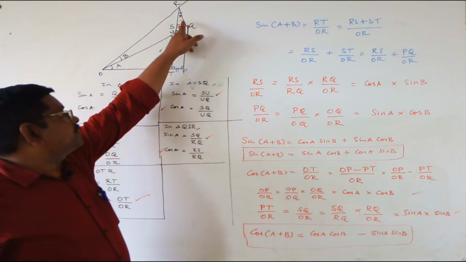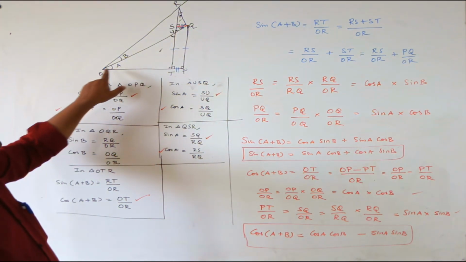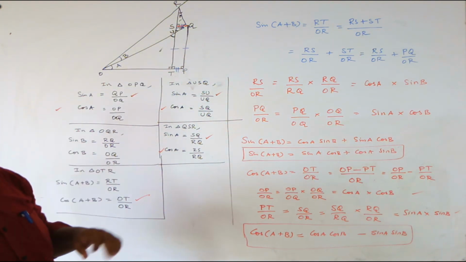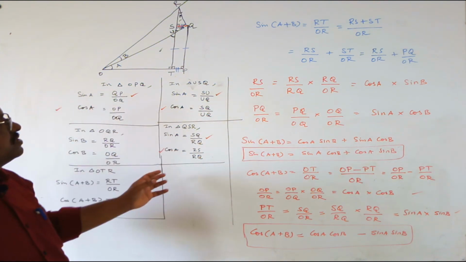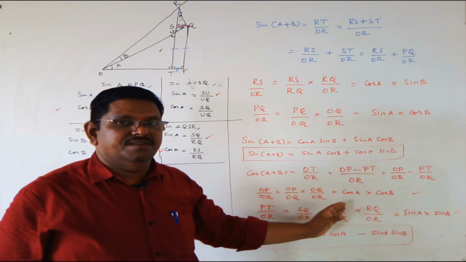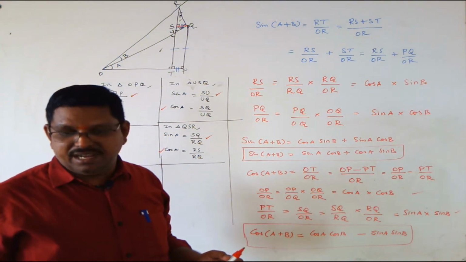Now we get two different triangles here. These two triangles are similar to the triangle OPU. So here we get some results. With the help of all these results, we are finding what is sin of A plus B and cos of A plus B. Now, how can we make tan of A plus B and other values?